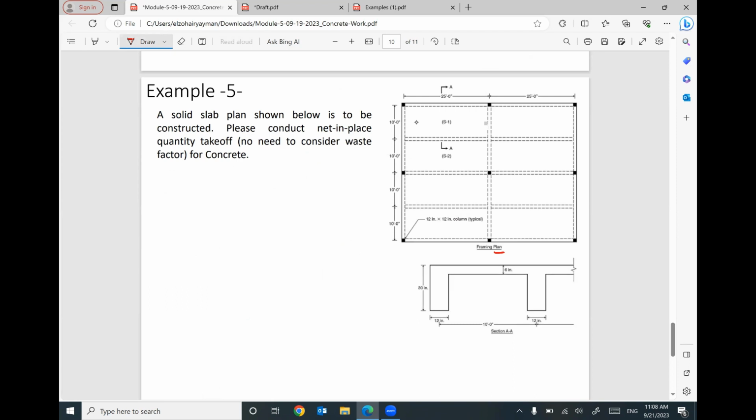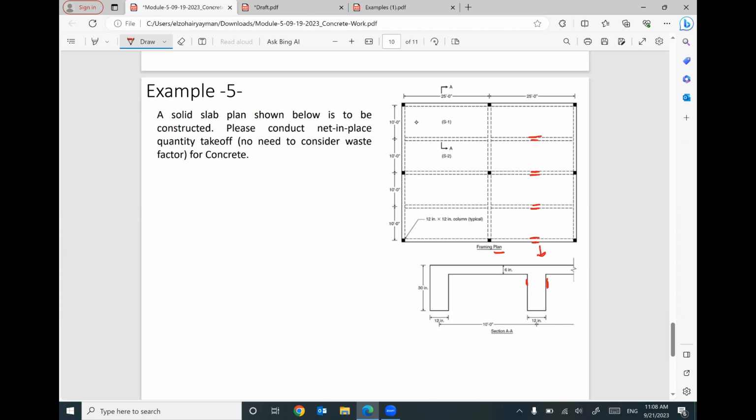And we are given two double lines. Can you see the double lines? Parallel to each other. These two double lines represent that we have a beam at this location. If you look from the top, I will see these two edges of the beam like two parallel lines. This is a beam, this is a beam, this is a beam, and so on.